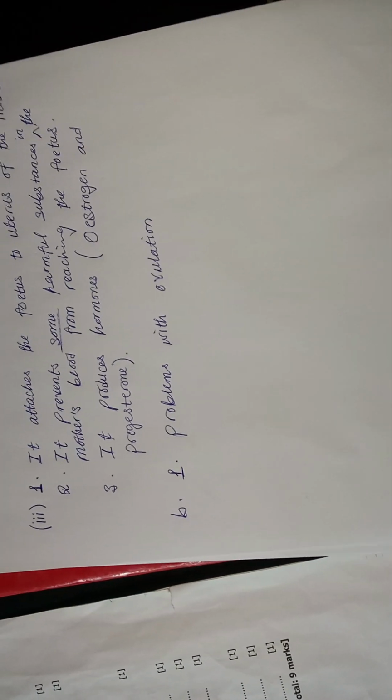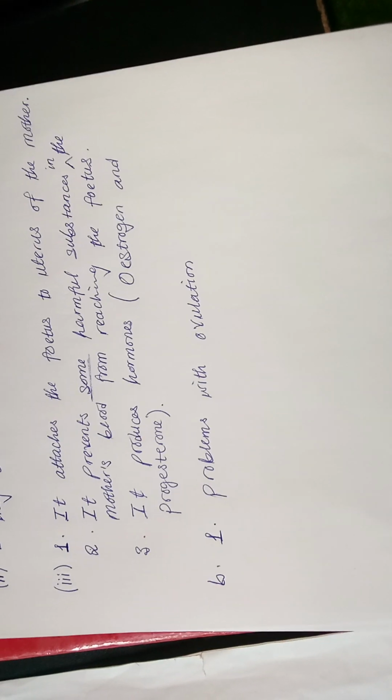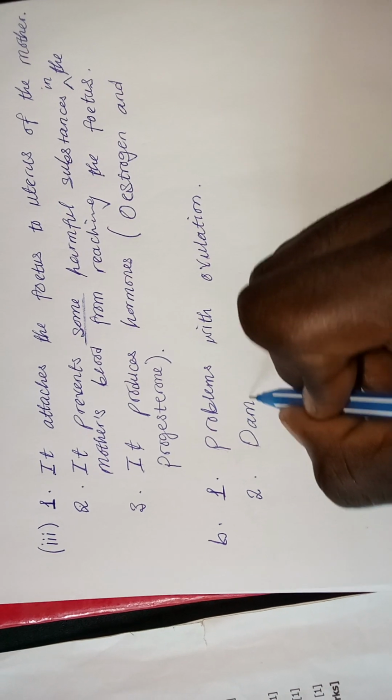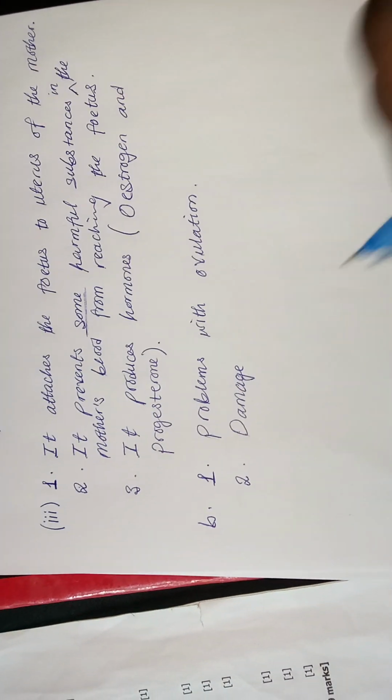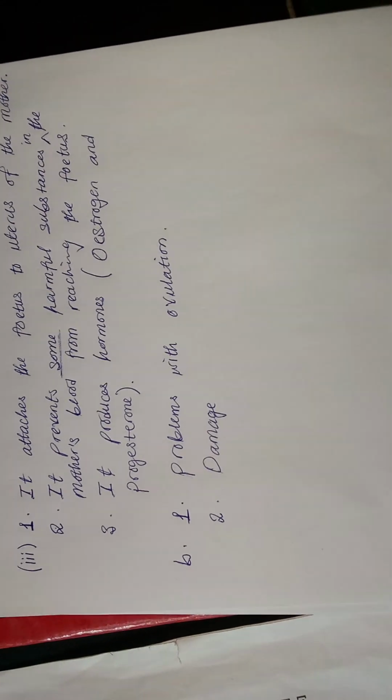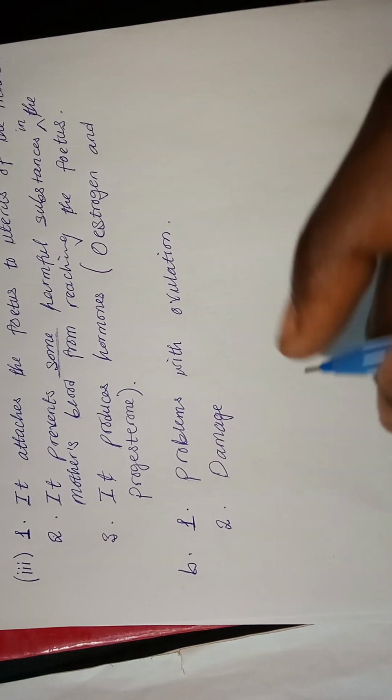So problems with ovulation may cause infertility in human beings. And we can also say damage of the fallopian tube or the uterus. So when the fallopian tube is damaged, or oviduct, or the uterus, this may lead to infertility.